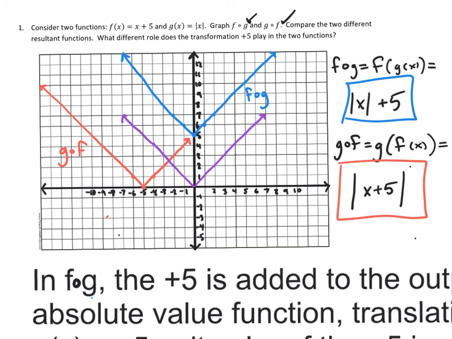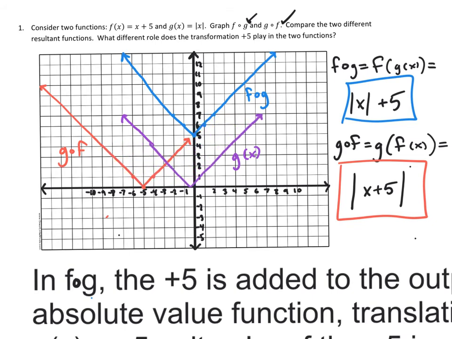I should label it g of x, and I'm going to separate it from everything else here, and I'm going to point out that if I were to take g of x to g composed with f, it would be a translation left 5. Watch me slide it left 5.